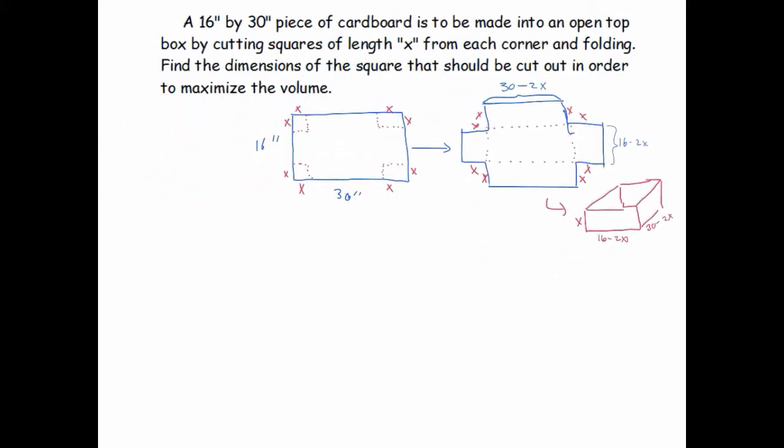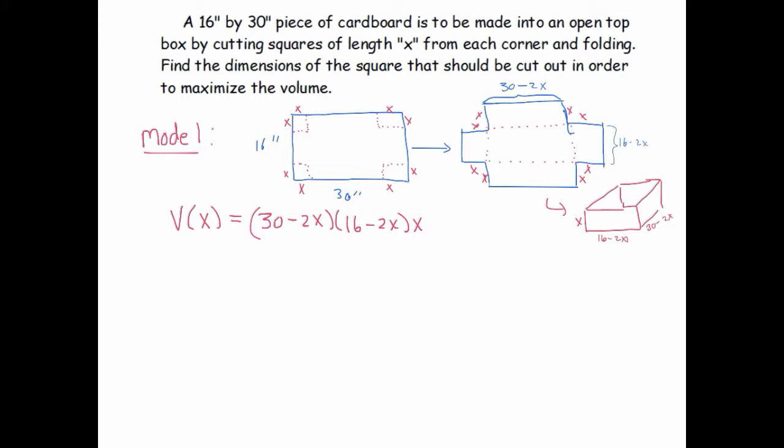All right, so this picture was helpful. This is all part of the modeling step. So we want our function. Our volume function is just going to be the length of the box times the width times the height.